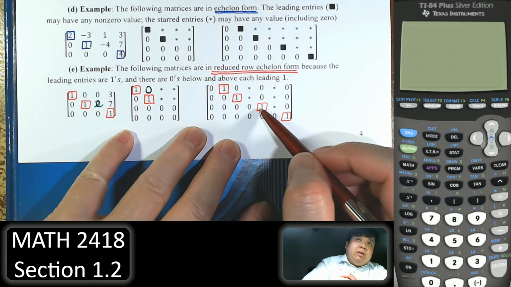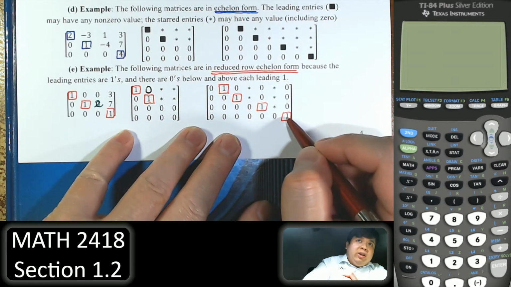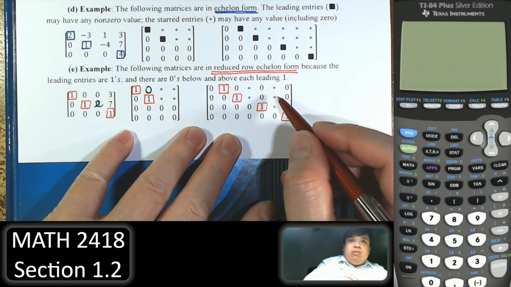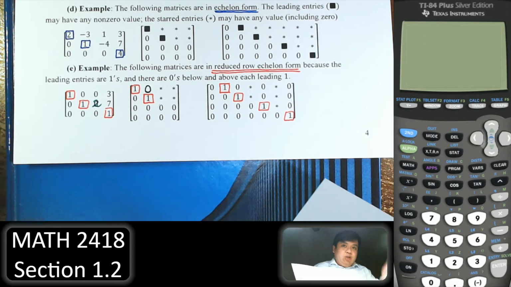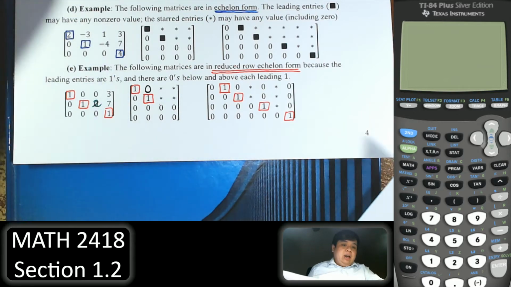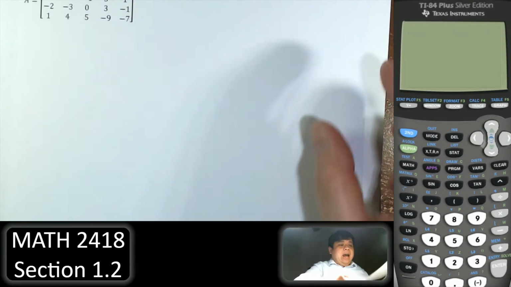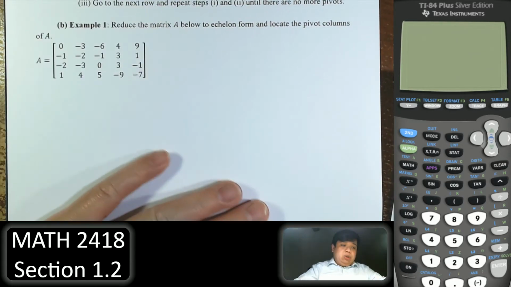We have 1 at the pivot, 0 everywhere else. Good. We have 1 at the pivot, 0 everywhere else. This is not a pivot column, doesn't matter. So I hope you see the difference between echelon form and reduced row echelon form. Now, how do we turn a matrix into reduced row echelon form?